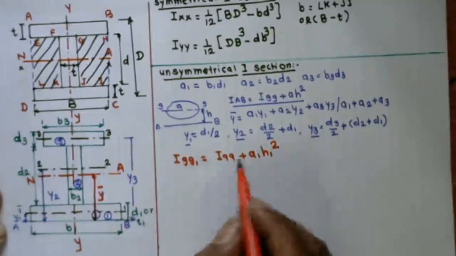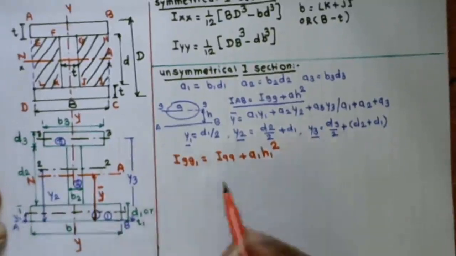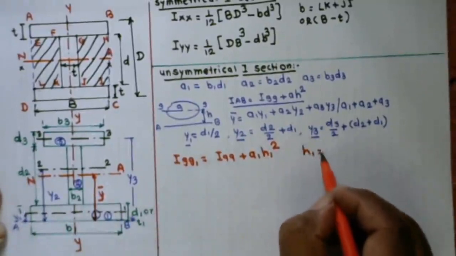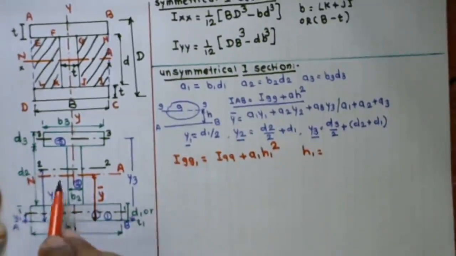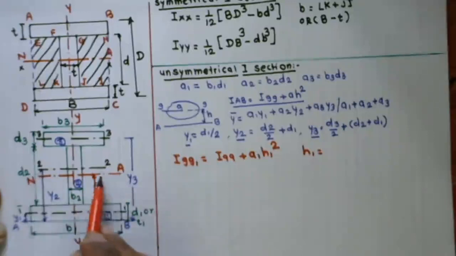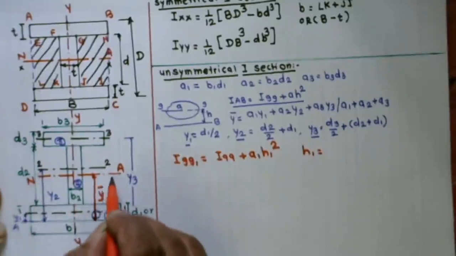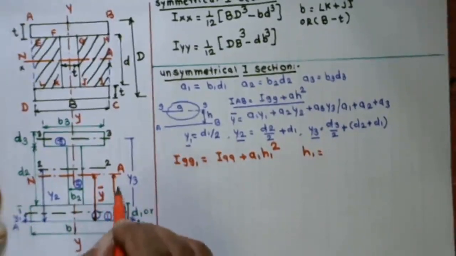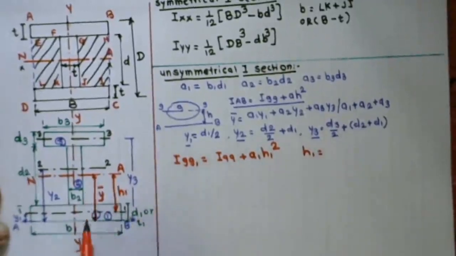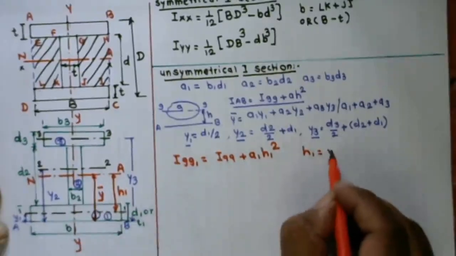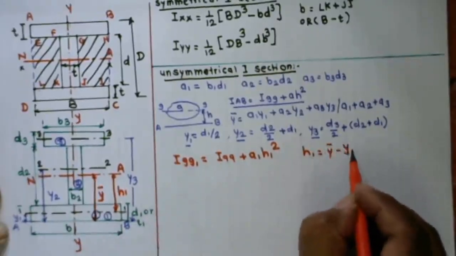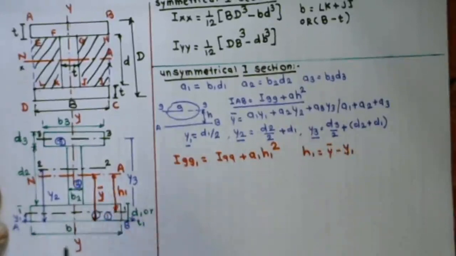Here a1 is the area of the first rectangle, and h1 is the distance between the two centroidal axes, that is, between axis 1-1 and the centroidal axis of the whole figure. How to calculate h1? h1 is equal to y bar minus y1. So you will get the value of h1.